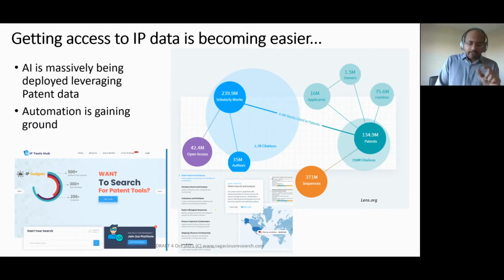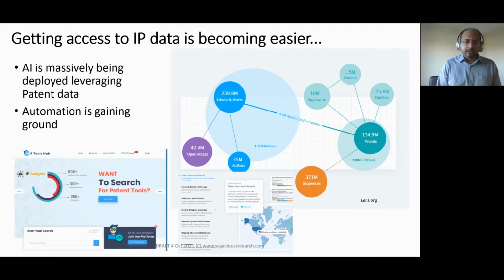One major point I would like to mention is that AI is massively affecting access to patent data, because this data is huge, and there is immense interest right now in creating tools to help organizations use it for business decision making.